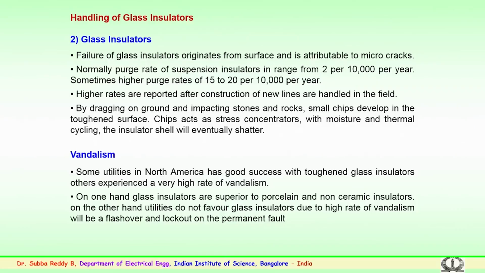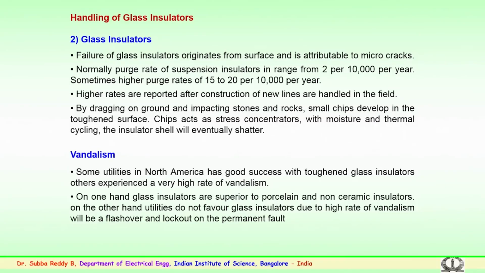Similarly, for the glass insulator, handling is very important, where the failure of glass insulators originates from the surface and is usually attributed to the micro cracks which could be present during loading, unloading, and also the failure which could be seen.